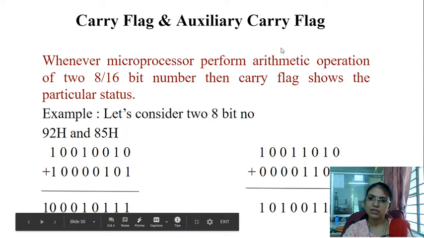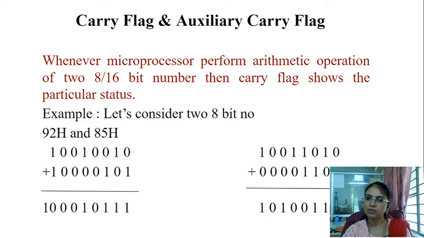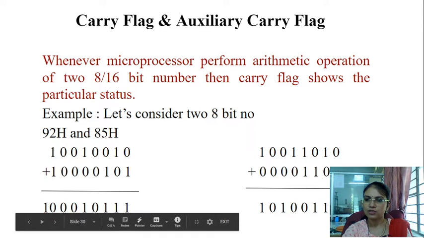While in the auxiliary carry flag, whenever you are performing the addition of two 8-bit numbers, let us take this example here. We are adding these two 8-bit numbers: 0 plus 0, 0, 1 plus 0, 1, 0 plus 1, 1, and here 1 plus 1, 0, carry 1.